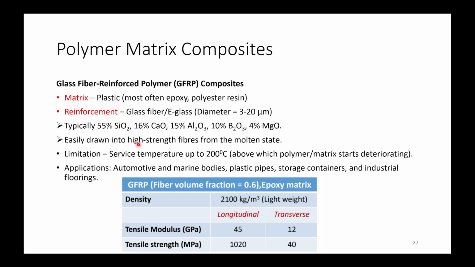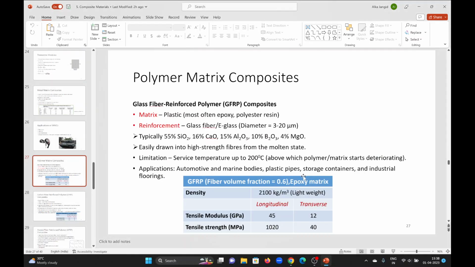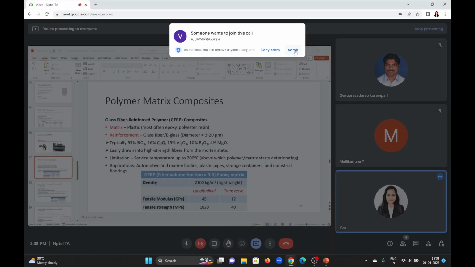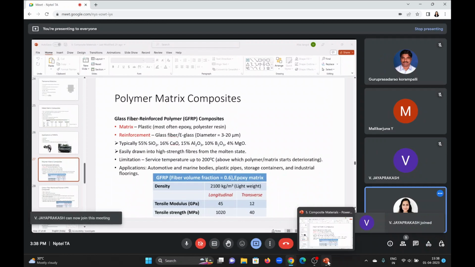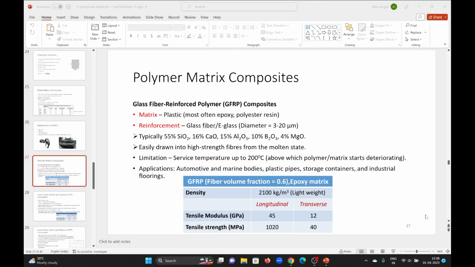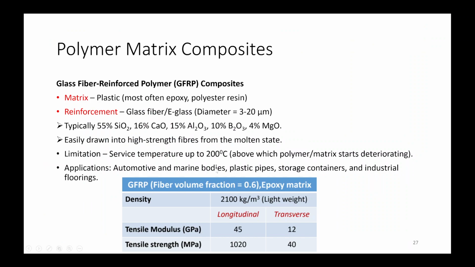Now it is easily drawn into high strength fibers from the molten state, but it has the limitation that service temperature is up to 200 degrees C, above which the polymer, which is the matrix, will start deteriorating. Applications are in automotive and marine bodies, plastic pipes, storage containers, and industrial flooring.